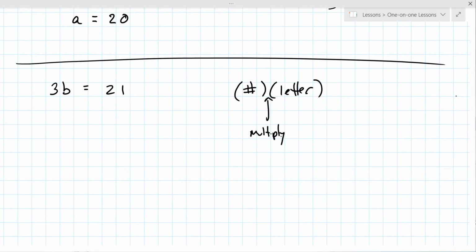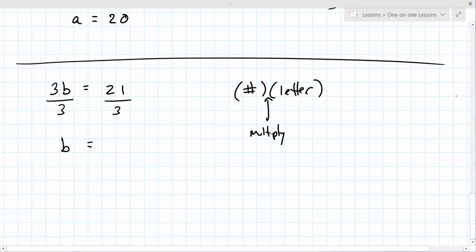That makes a lot more sense. How do you undo multiplication? With division. So divide both sides by 3. You get 1b, since 3 divided by 3 equals 1, and 21 divided by 3 equals 7. Some students write 1b, but here you can just write b.